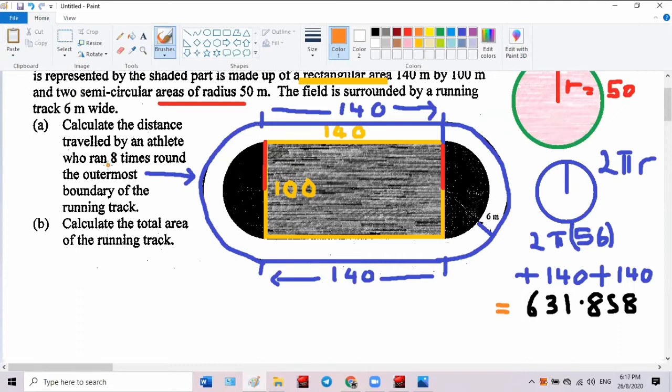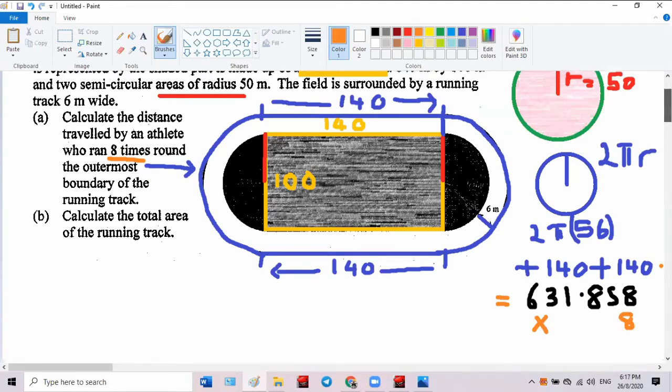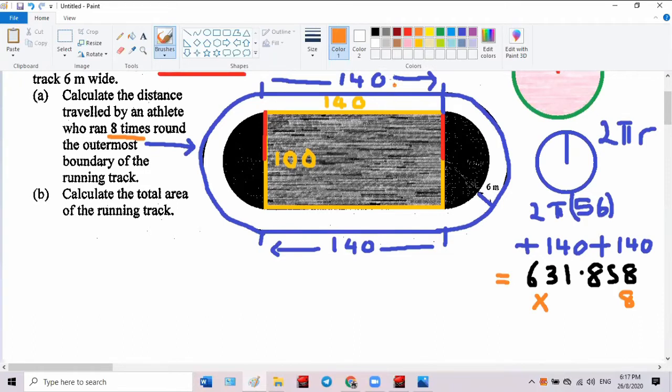But the question says, look at this, 8 times round the outermost. So you need to times what? 8. Please give me the final answer. 5054.864.